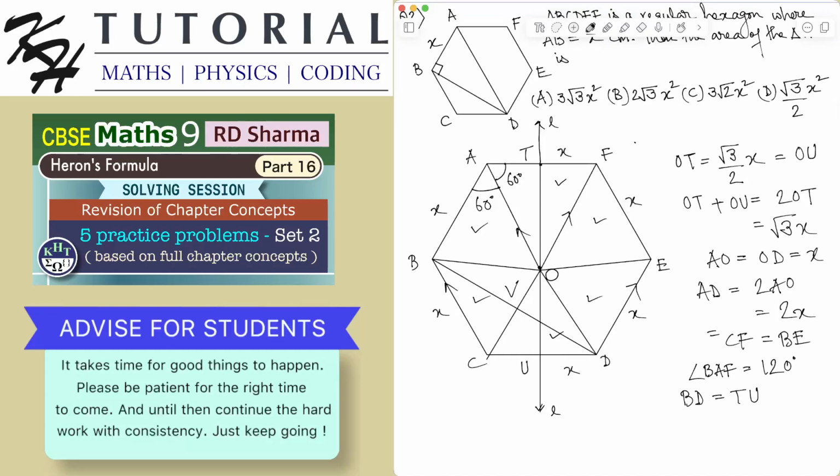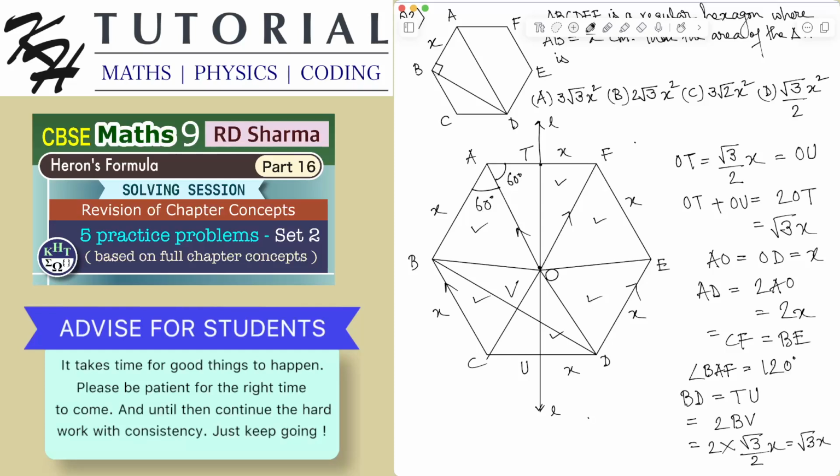So then BD will be equal to TU, which is equal to twice BV, and BV is nothing but the altitude of one of the six equilateral triangles, which is square root of 3 by 2 into x. So you see BD is also equal to TU, which is square root of 3 into x.